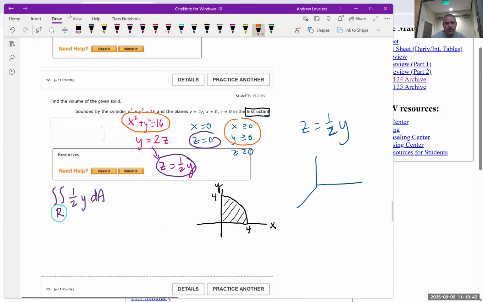In fact, you could even draw this thing. You could say, here's x, here's y, here's z, here's the line, z equals 1/2 y, and then extend it out indefinitely. That's that plane. It's a line cylinder, but we don't call it a line cylinder. Call it a plane. And then I've got this region on the ground, which I'll try to draw here.